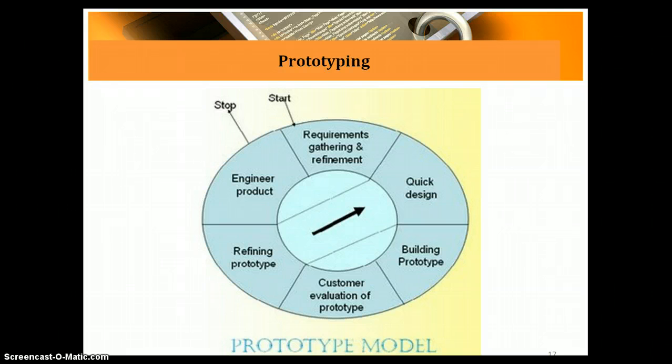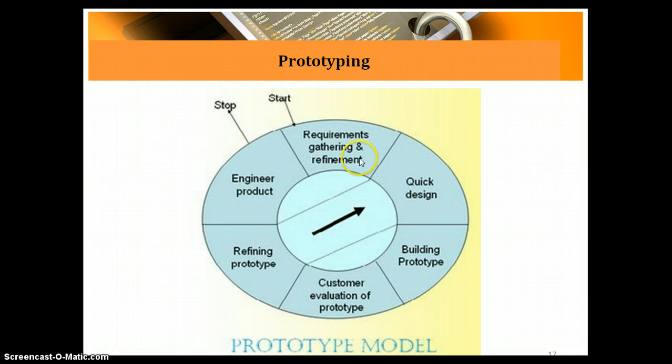At that time, you will develop a prototype of that project within 15 days or 1 month. After that you will show the customer, sir, this will be the software, this is how it will look. It is used for a demo.